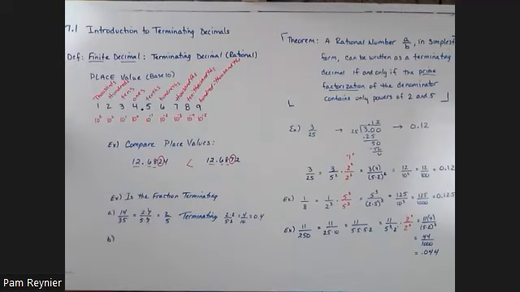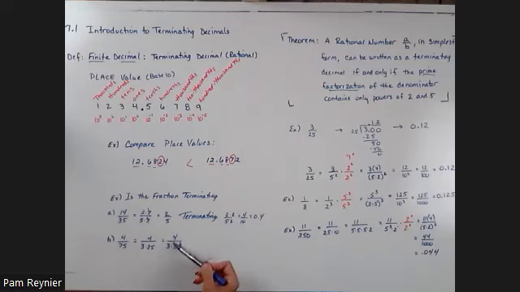Last problem we'll take a look at here is, let's go with 4 out of 75. If I factor the denominator into prime factors, that's 3 times 5 squared. I check to see if it's reduced.